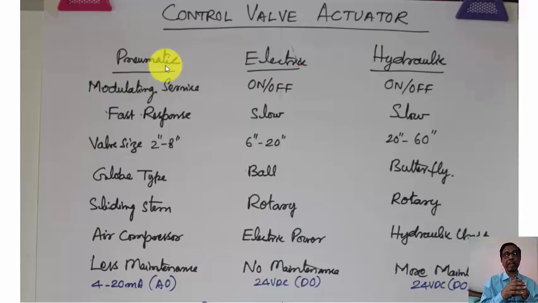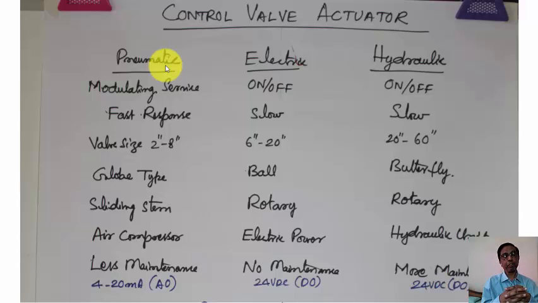These are all for isolation purposes. In cross-country pipelines, especially in oil and gas, there are hundreds of kilometers of pipelines. You need many isolation valves in between to isolate in case of emergencies, leakages or other problems.